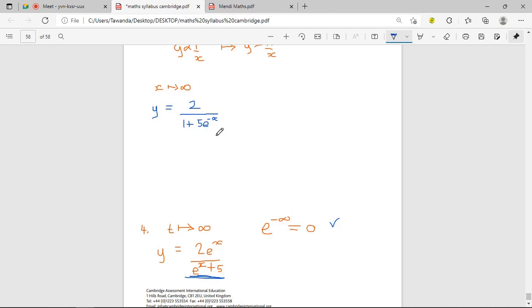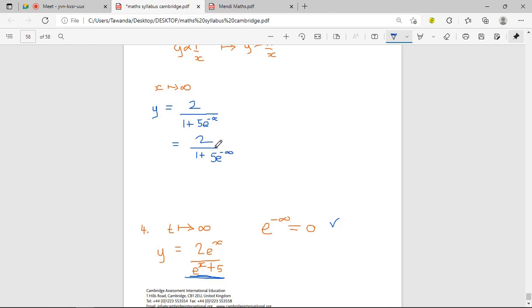We now have a negative power for the exponential. So we are now going to substitute infinity where there is x. So we are going to say 2 over 1 plus 5 e to the power of minus infinity, right?